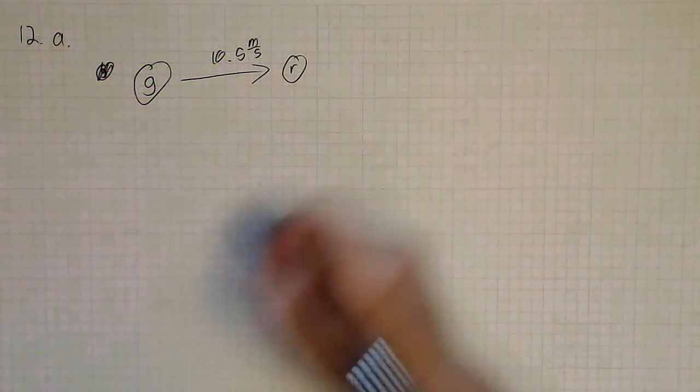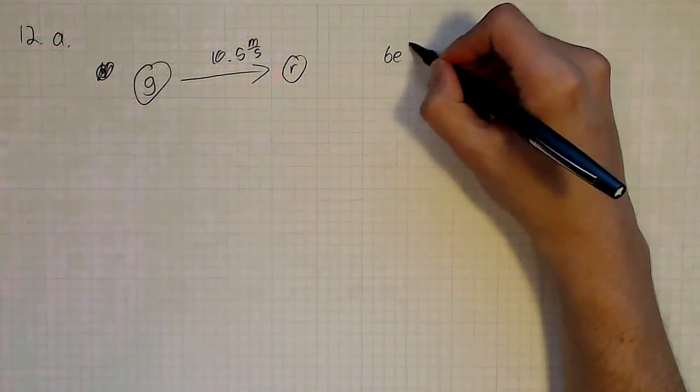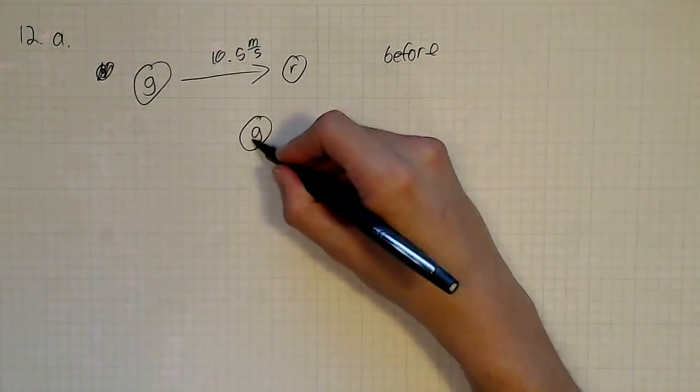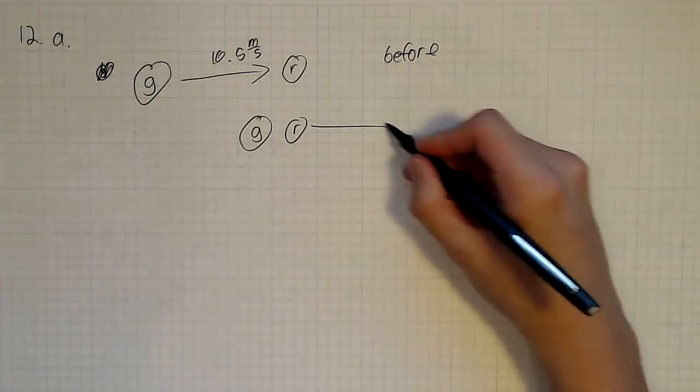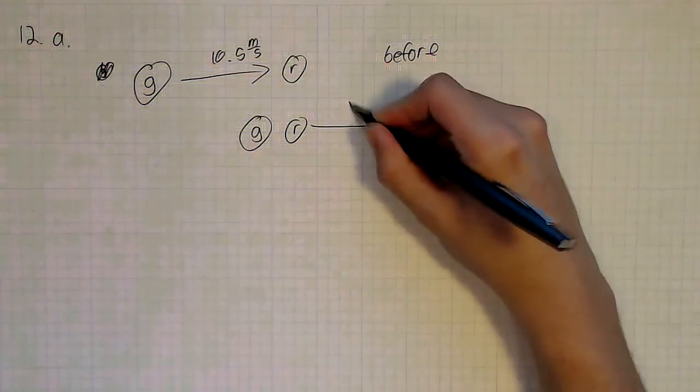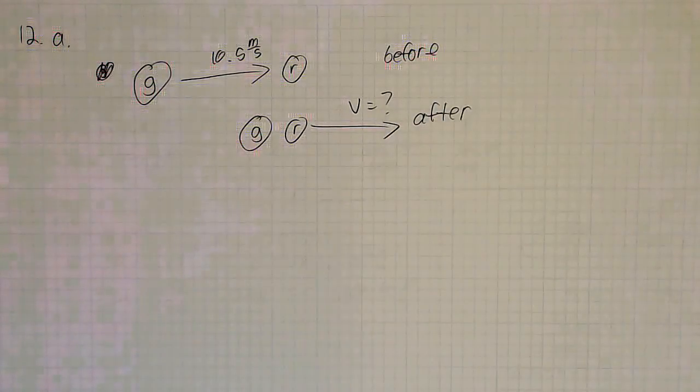If the green ball stops moving, so this is our before, and this is our after. This is what is the final velocity of the red ball after the collision.